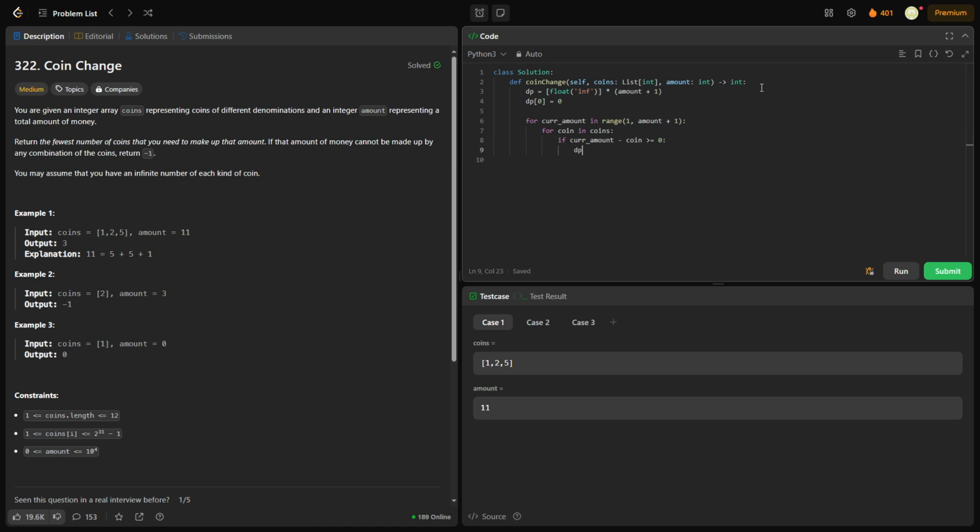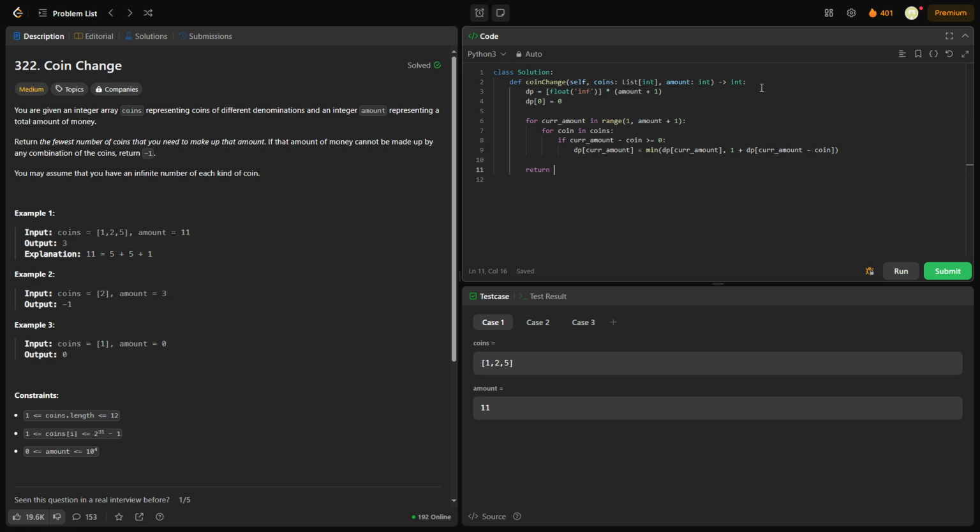And here's where we do that formula I was showing you. So we would do dp of current amount, right? That's equal to the minimum between the dp of the current amount and 1 plus the dp of the current amount minus coin, right? And at the end here, again, we want to return the last index if it's not infinity.